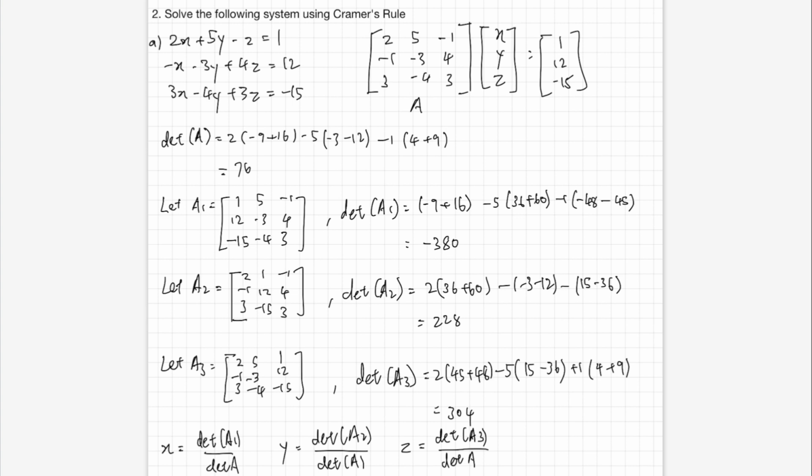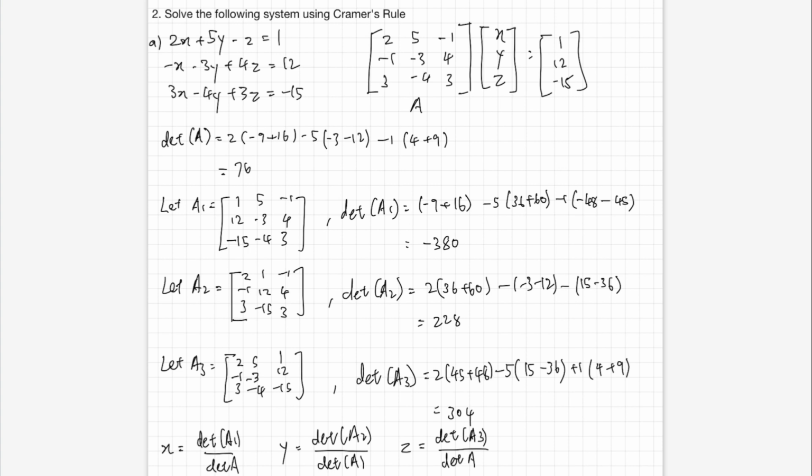A1, A2, and A3. So first I find the determinant of matrix A, which is 76. Then for matrix A1, I use the substitute of the answer, which is 1, 12, negative 15. I substitute it into column 1 of matrix A to become matrix A1. So I find the determinant of matrix A1, which is negative 380.